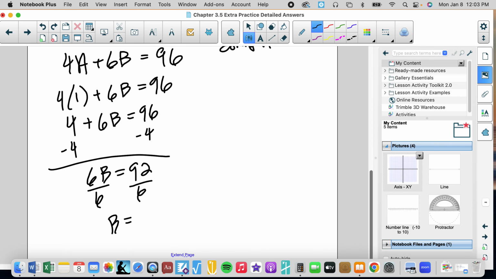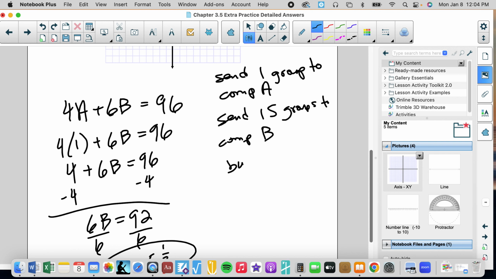I can send 15 groups to competition B, but there would be people left over not going to a competition. So I cannot send one group to A. That is a no-go, so that would not be a solution.